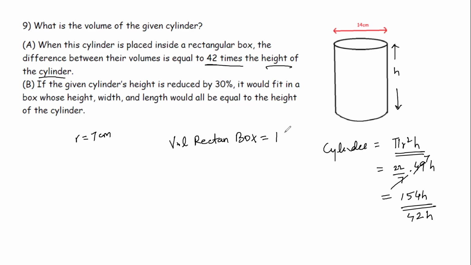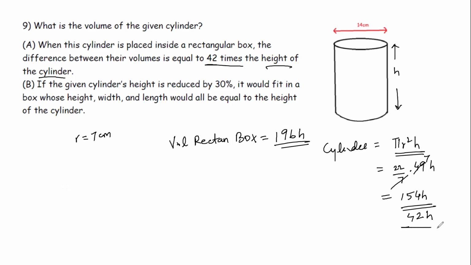So we know that the volume of the box is 196h, right? But that doesn't tell us the volume of the given cylinder. So the first statement doesn't give us any information other than the fact that when this cylinder is placed inside a rectangular box, the difference between their volumes is 42 times the height of the cylinder.